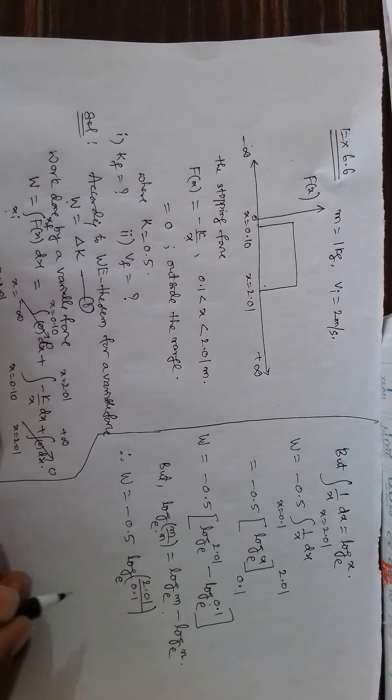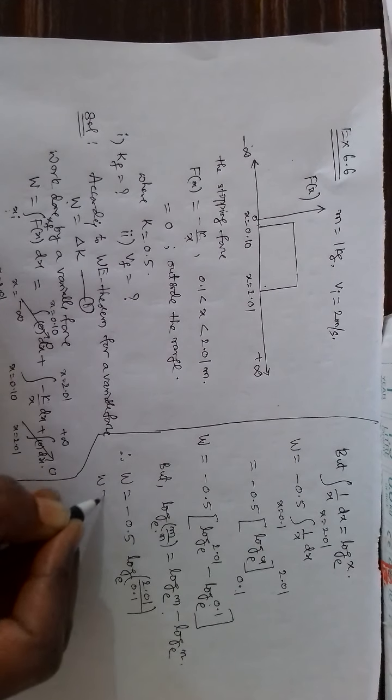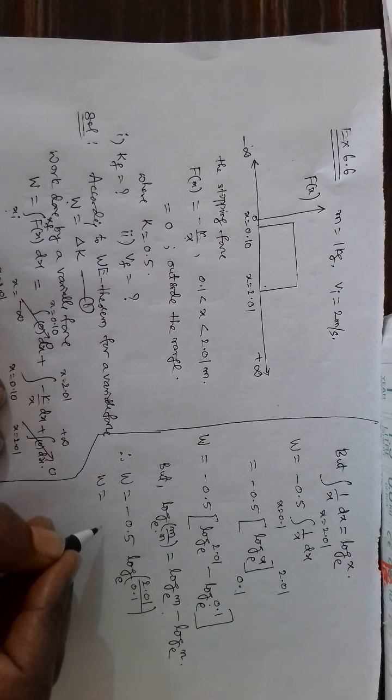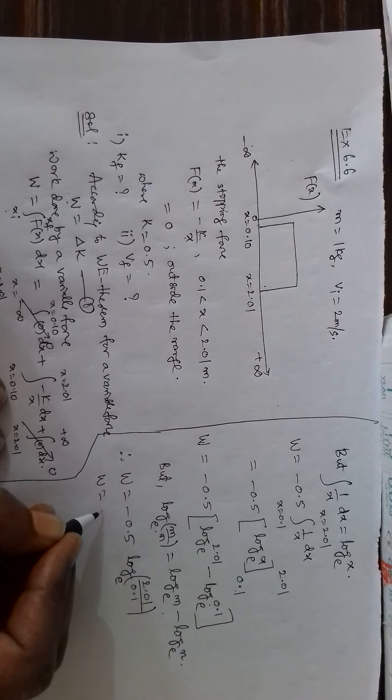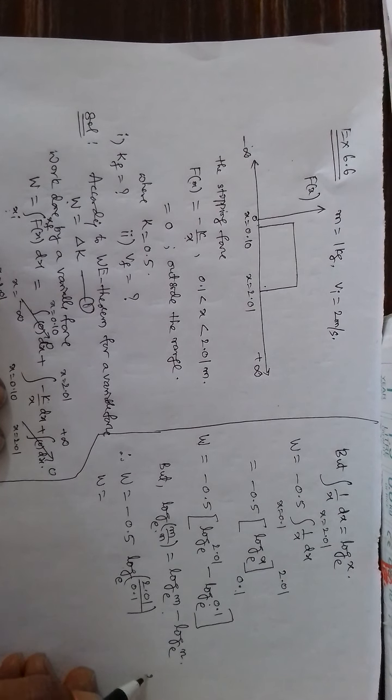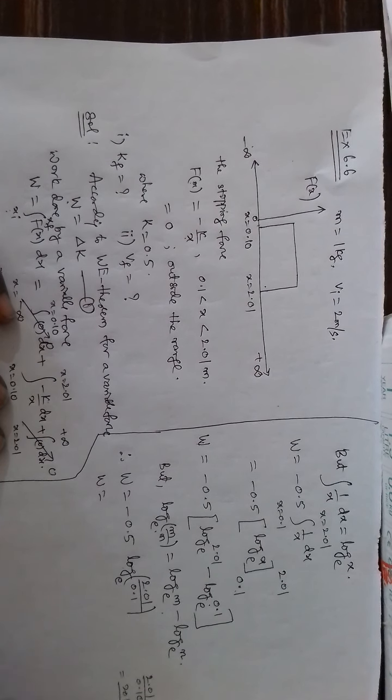So substituting the values, we get the answer: minus 0.5 logarithm of this value, 2.01 by 0.10. This is equal to 201 by 10, or 20.1.